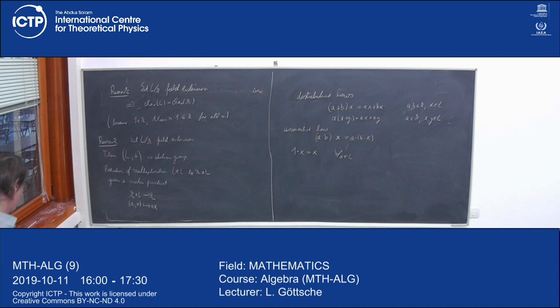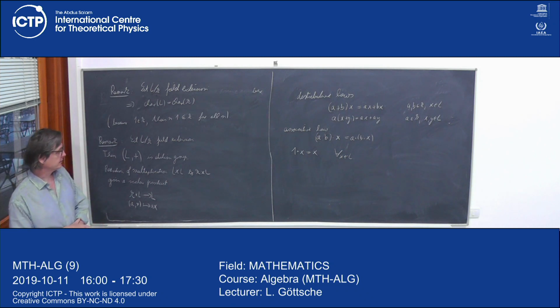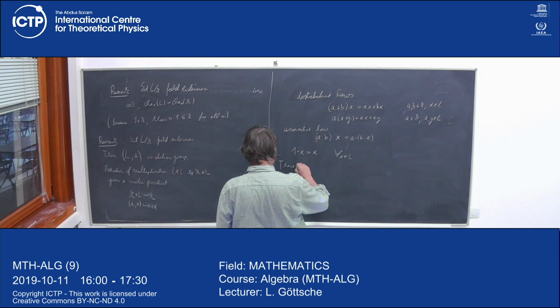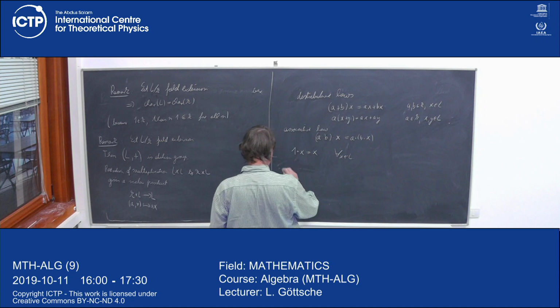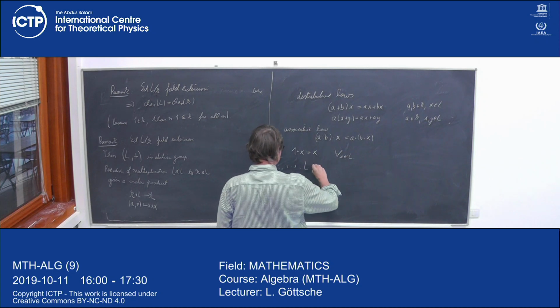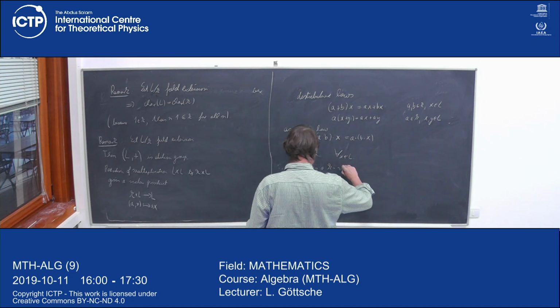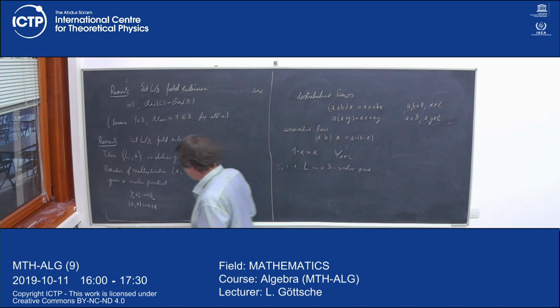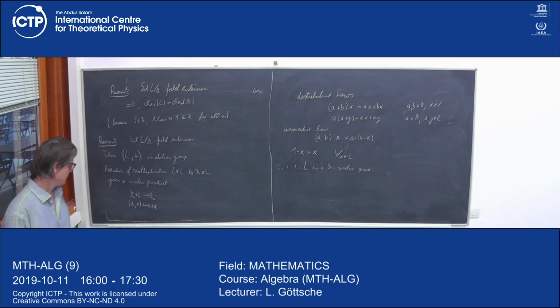And if you go back to linear algebra class, these are the axioms of a vector space. So it means L is a K vector space. We're just restricting the product to multiplying only with elements in K, and we get that L is a K vector space.